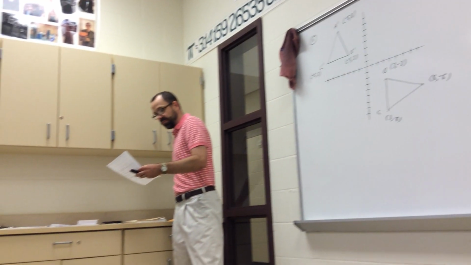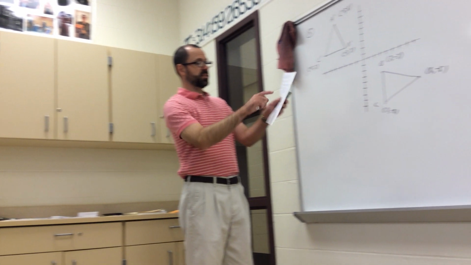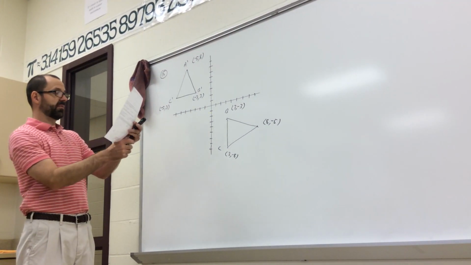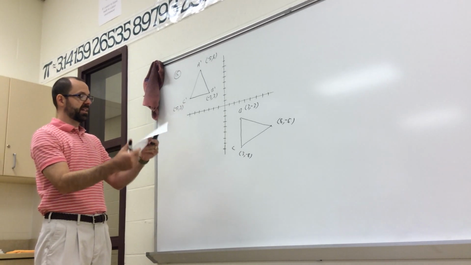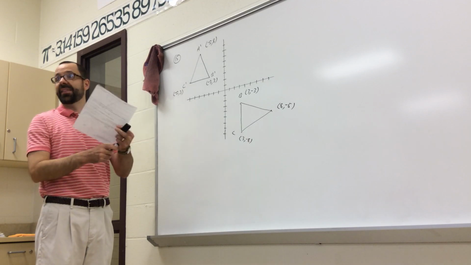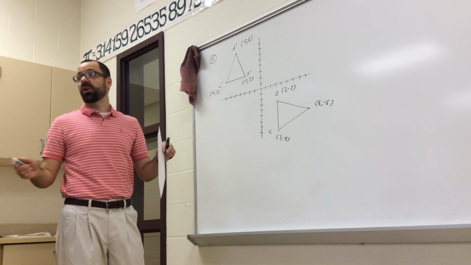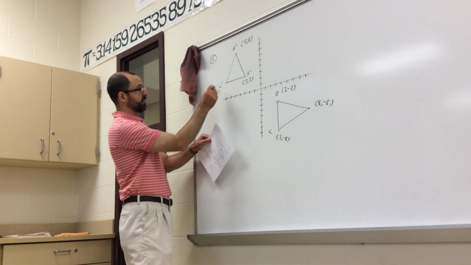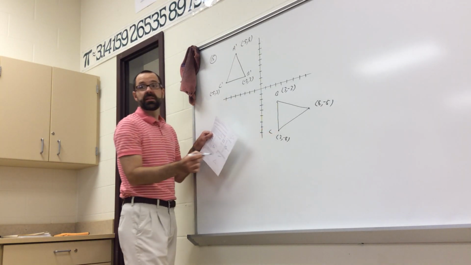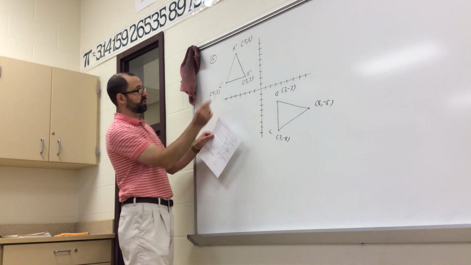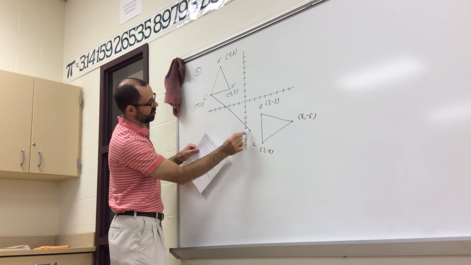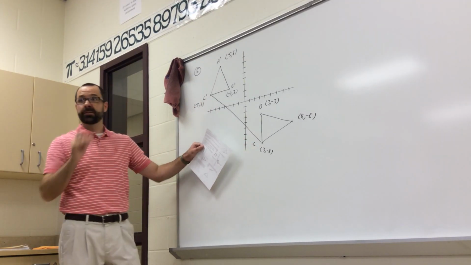Okay, so on number 15, the directions are here, A, B, and C. We're right now doing 15A, and it says connect the corresponding points from the pre-image and the image. So use your note card for that. Here is C prime, that's the image, and here's C, that's the pre-image, and they want you to connect those. Use your note card so it's a good straight line.